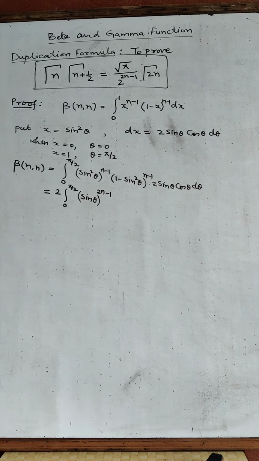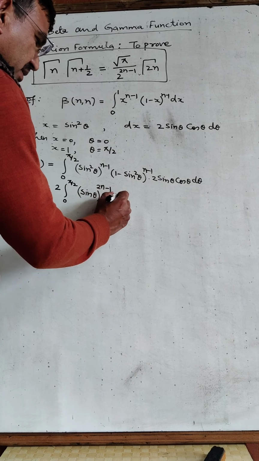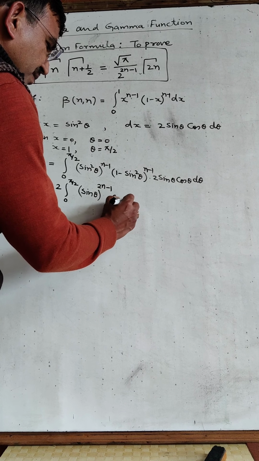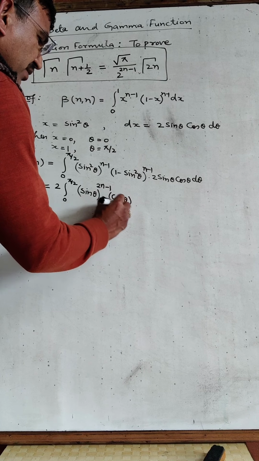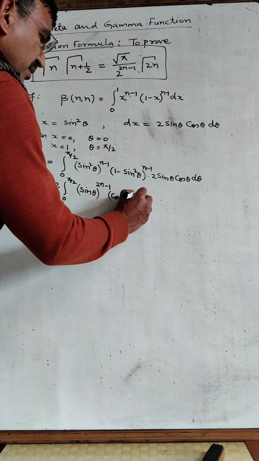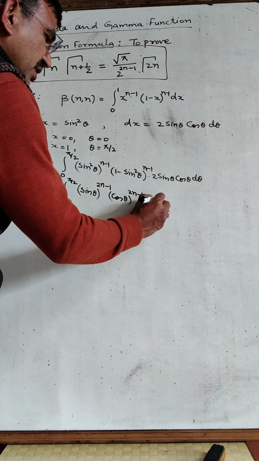Again 1 minus sine square theta is cos square theta, and it will become cos theta raised to the power 2n minus 1 d theta.